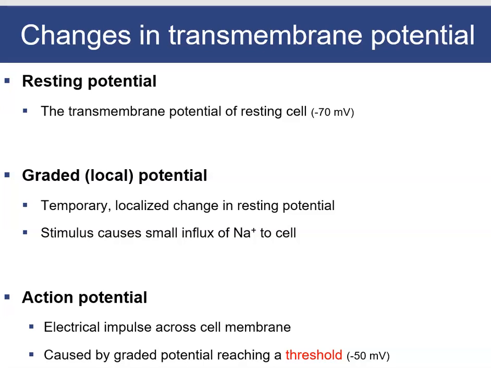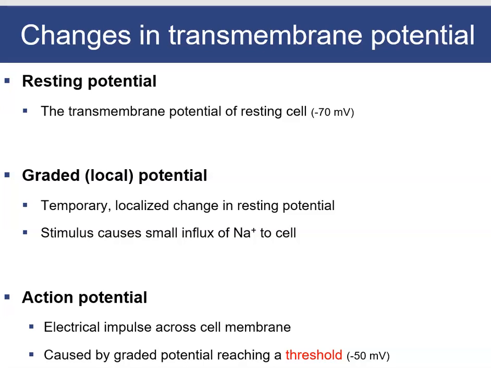It is caused by a graded potential that reaches another magic number that we call threshold, and that is -50 millivolts. We have to have a strong enough signal to allow enough positive charges to come into the cell to raise the charge to a -50. Then we will get an action potential.